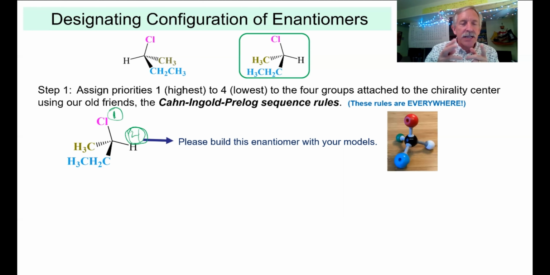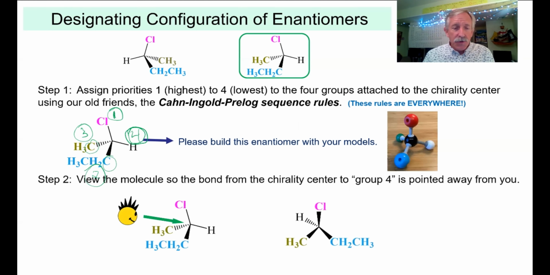So I can prioritize 1 and 4. Then it's a little different. I have 2 carbons that are tied, but then look at the 3 bonds attached. This has 3 hydrogens, and this has a carbon and 2 hydrogens. So now I've prioritized my 4 groups, and I can move to rule 2.